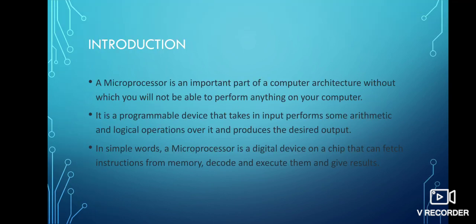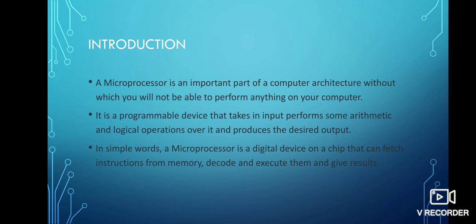Introduction. Let us see what is the definition of microprocessor. A microprocessor is an important part of computer architecture without which you will not be able to perform anything on your computer.